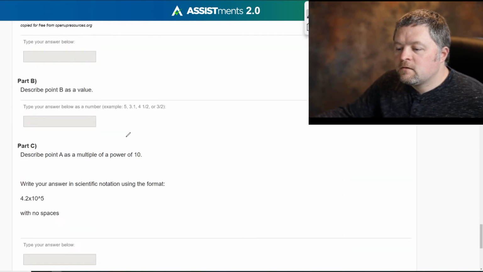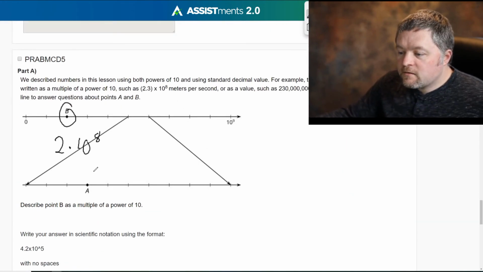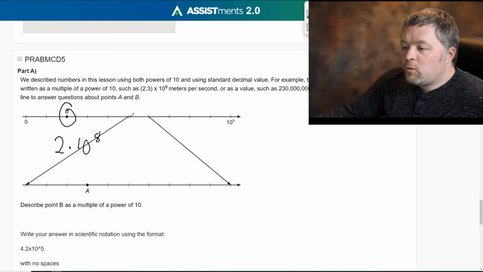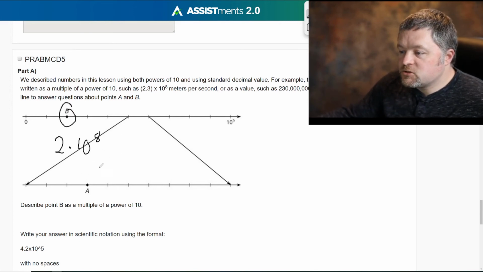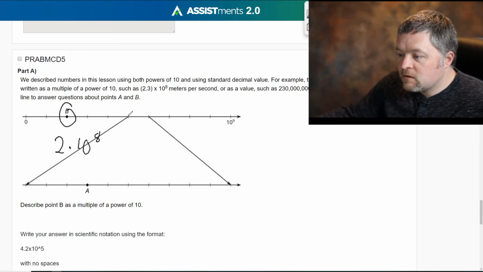Then point A. Point A comes from this zoomed in section, which is between 1, 2, 3, 4, 5. So it's between 5 times 10 to the power of 8 and 6 times 10 to the power of 8.